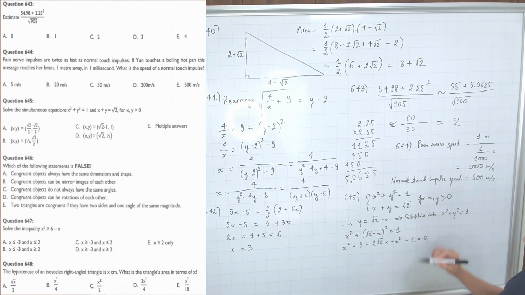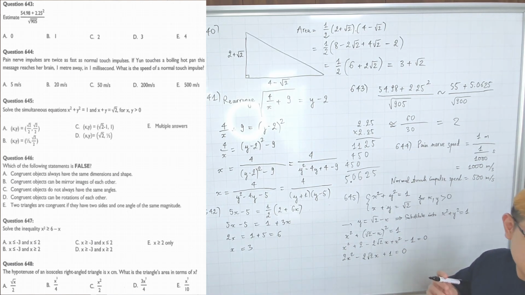Chuyển số 1 vô bên đây. So you're gonna have 2x squared minus 2 square root of 2 x plus 1 equal to 0. So you have a quadratic equation, you can find it.